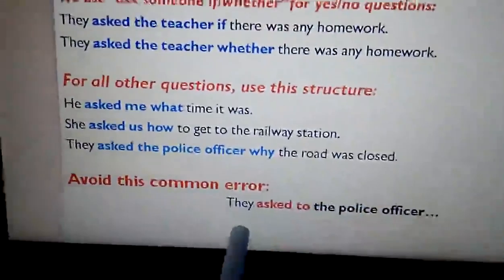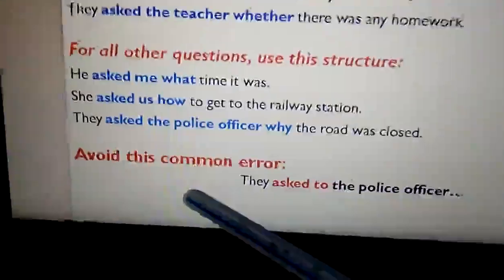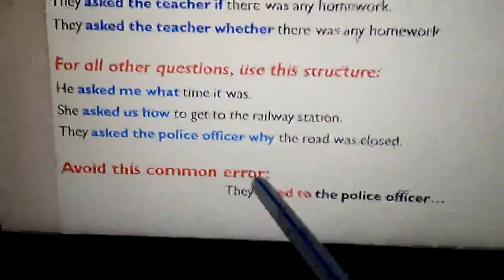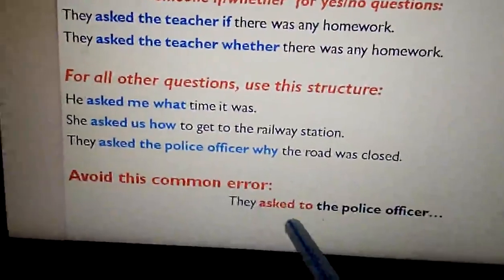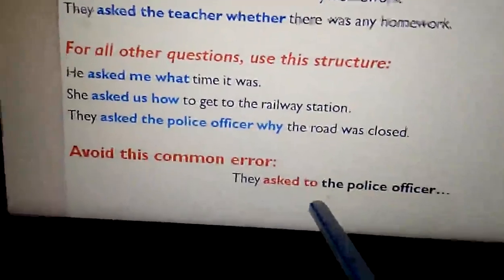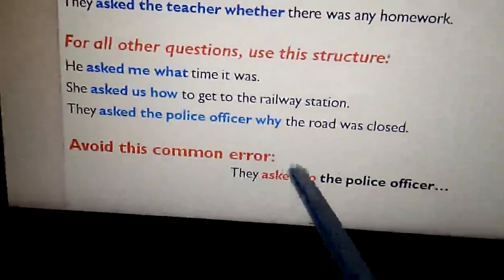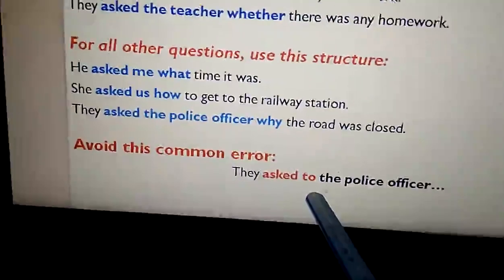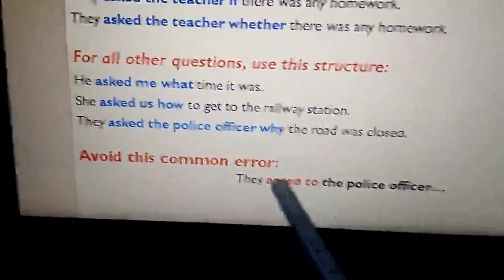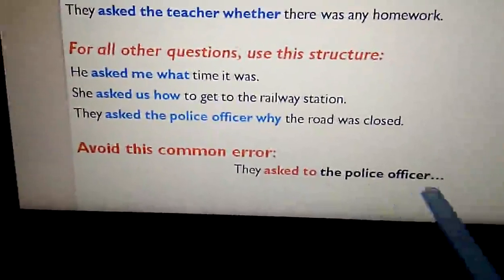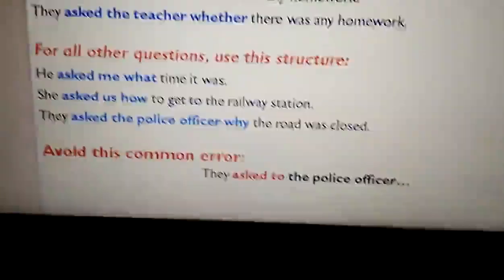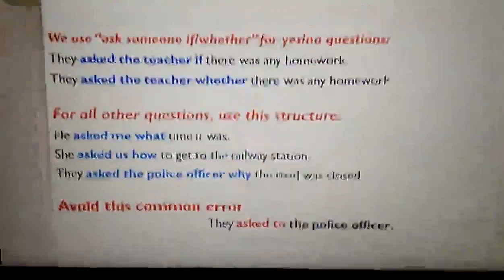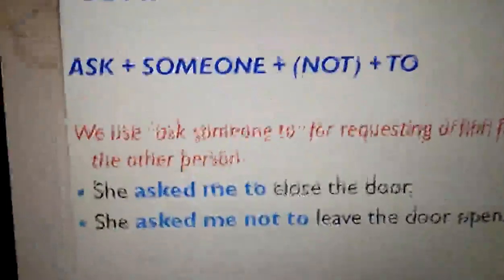So one thing we have to remember here, the error that we make: immediately after this reporting verb, we should not add to. They asked to, we can't say like this. If it is a statement, they asked to the police officer is a wrong expression. So immediately after ask, we should not use to.